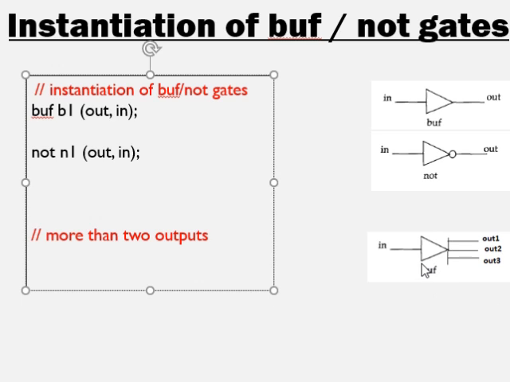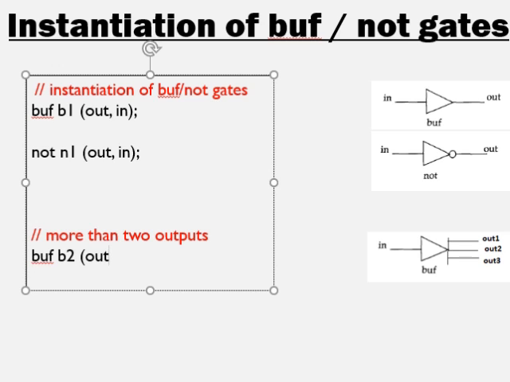Here I have a buffer with more than one output, that is 3 outputs, out 1, out 2 and out 3, and the input is in. Again the name of the primitive gate is buff, and let me take B2 as the instance label.